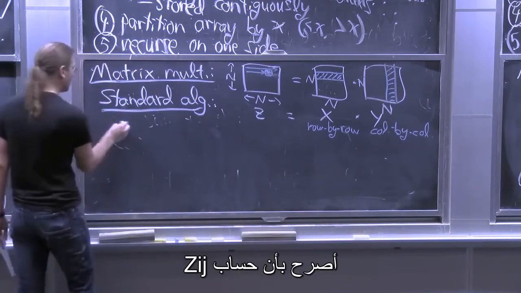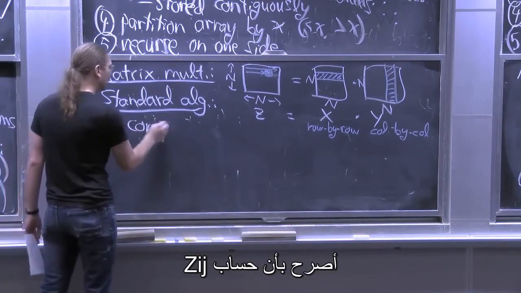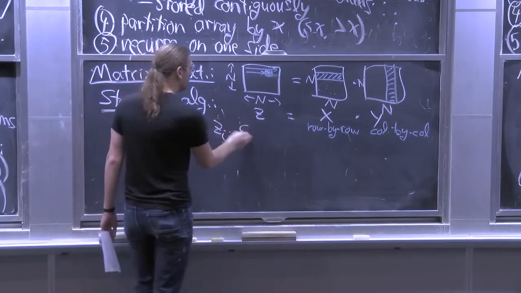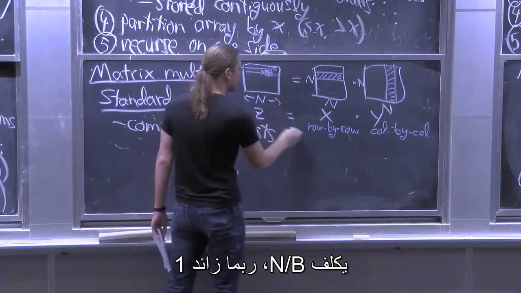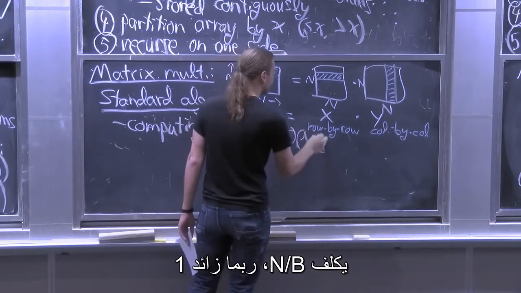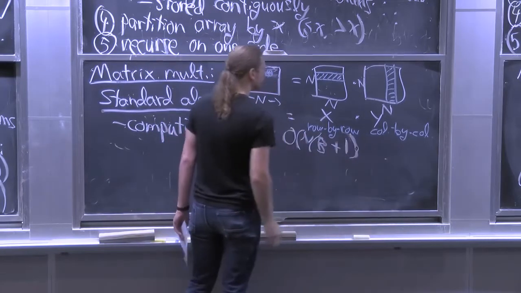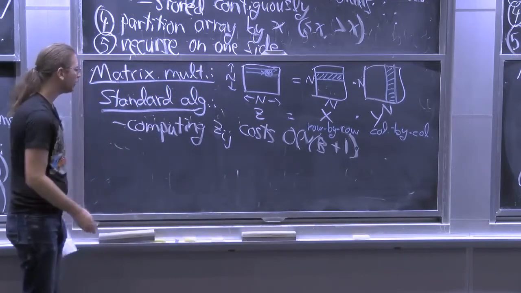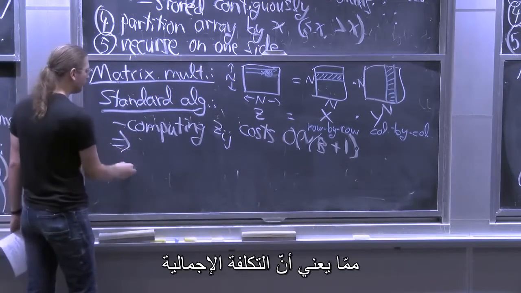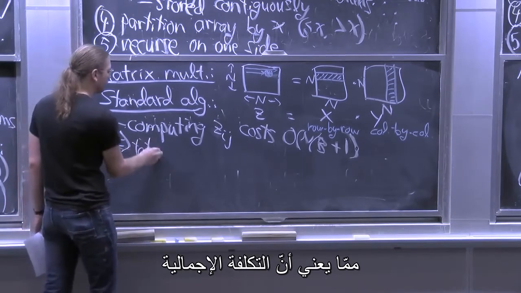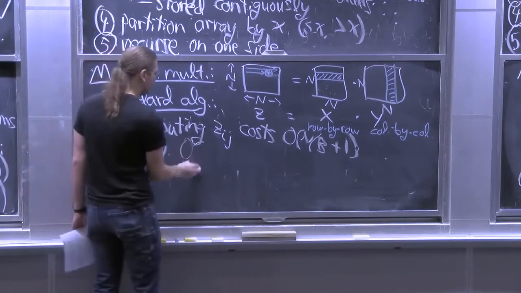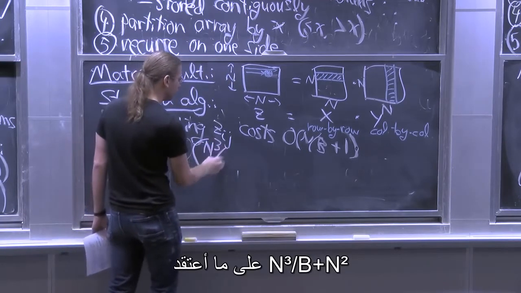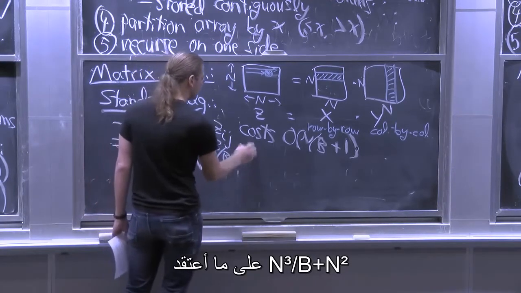I claim that computing Zij costs n over b, and so maybe plus 1. Again, these are n by n matrices, so the total size is n squared, which means the total cost is what? N cubed over b plus n squared, I guess.